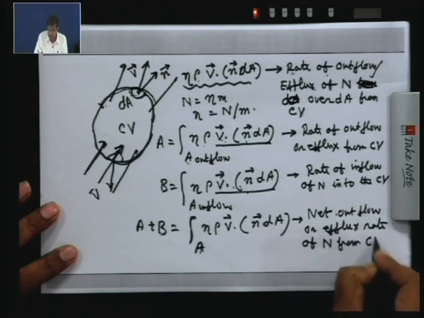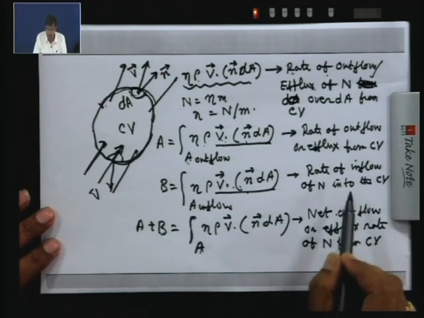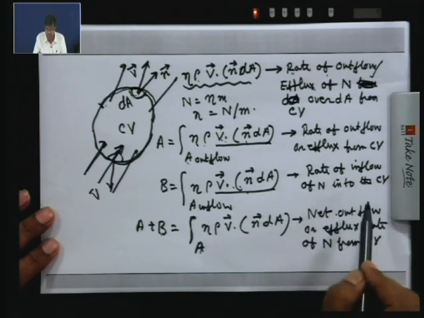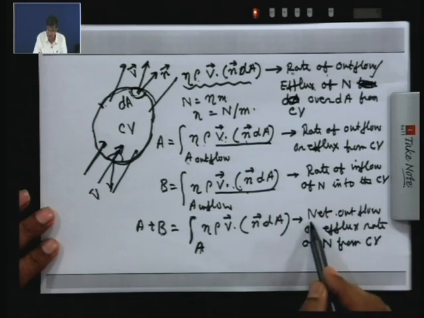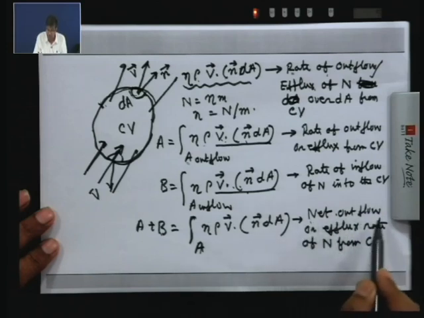That means it is the rate of efflux or outflow minus the rate of influx or inflow of n into CV.